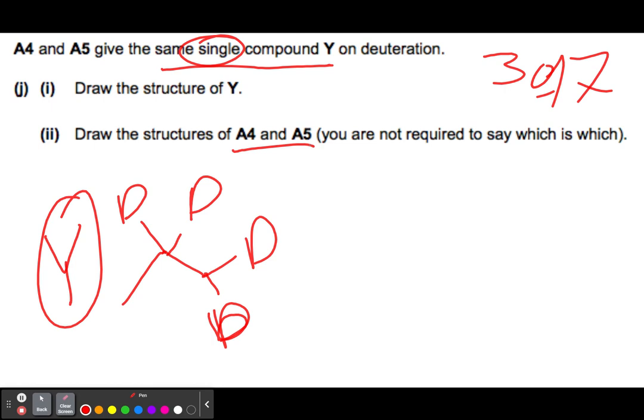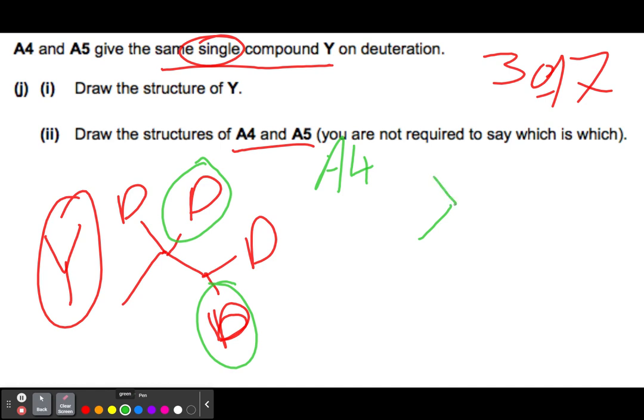So if we removed this one, and we removed, let's say, this one, then what you get left with is A4. And so you'd be left with a D here, and a double bond, and a D.